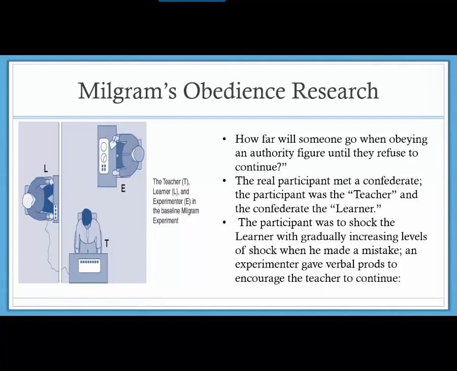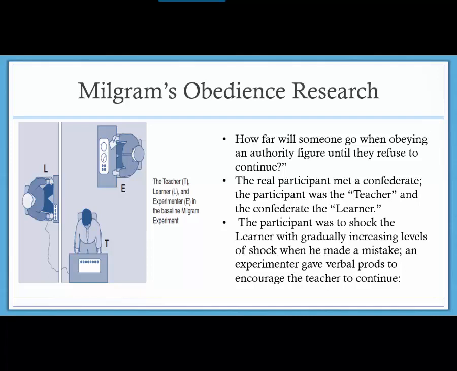This is all an act, but you, the teacher, don't know that, because you are sitting in front of this fake machine and you've been told that it's hooked up to the learner. And in the original experiment, as you can kind of see in the diagram, the learner is on the other side of the wall, so you can't really even see them.